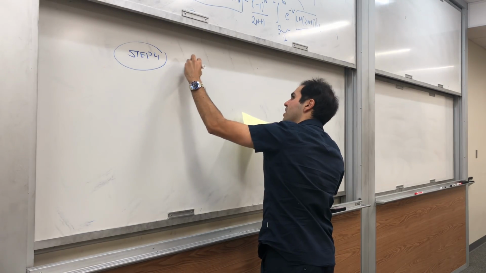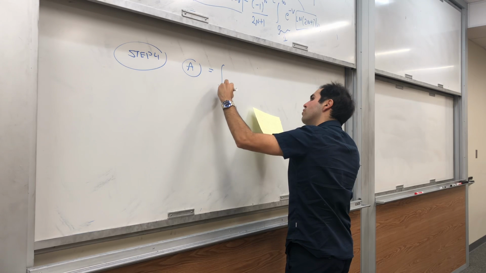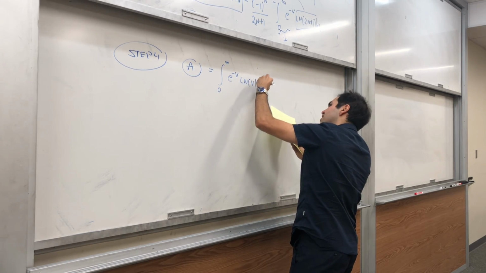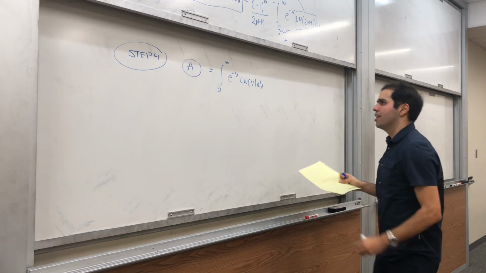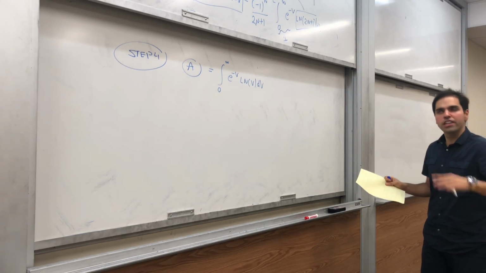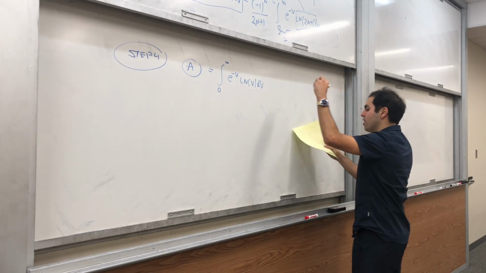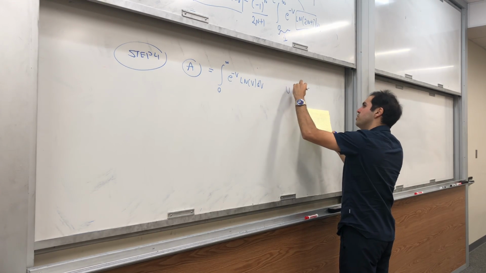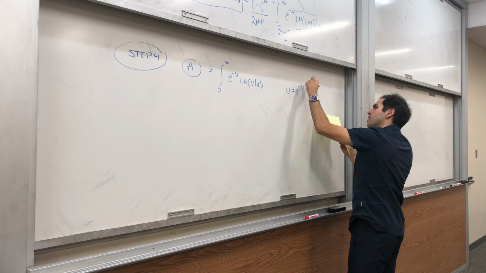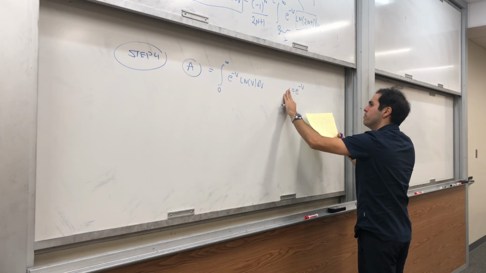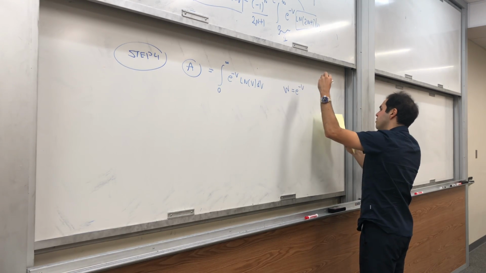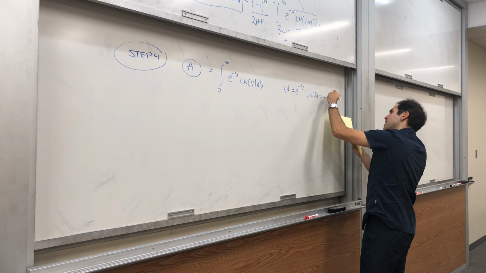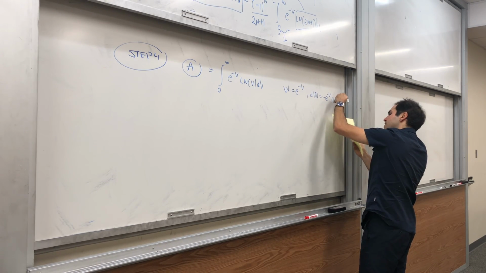So A, which is the integral from 0 to infinity of e to the minus v ln of v dv. Either see another video, I'll do that, or if you maybe know this result, you can use a substitution. I guess w, if w equals e to the minus v, then dw equals minus e to the minus v dv.